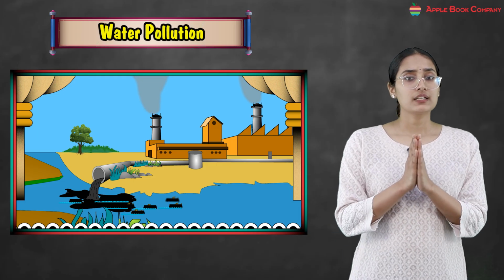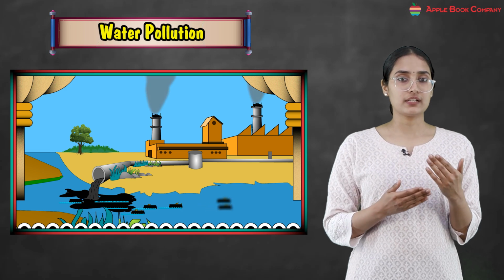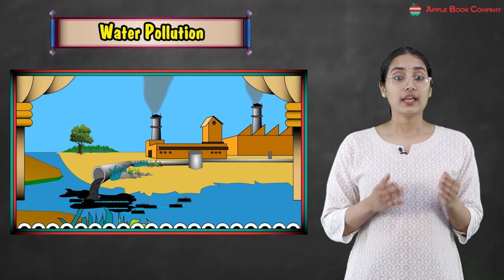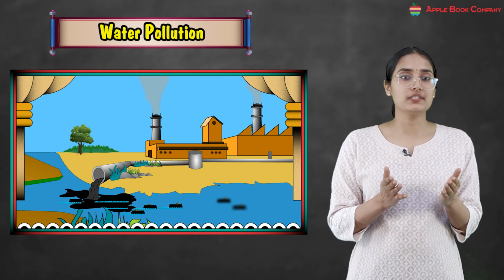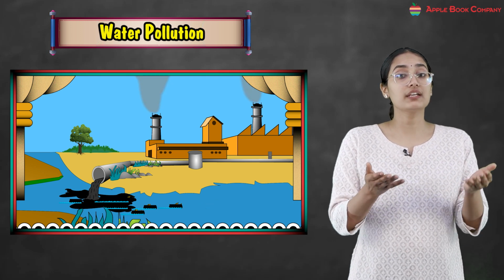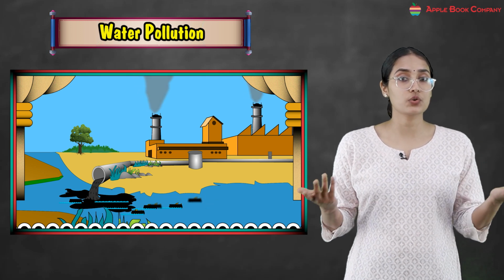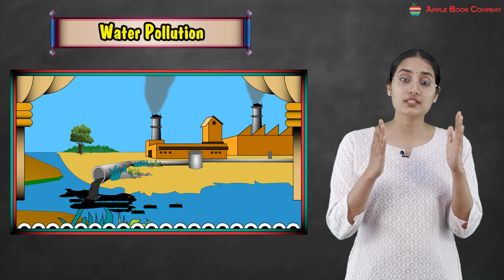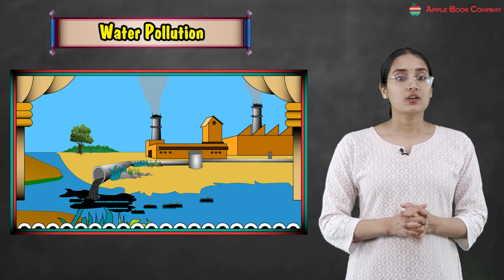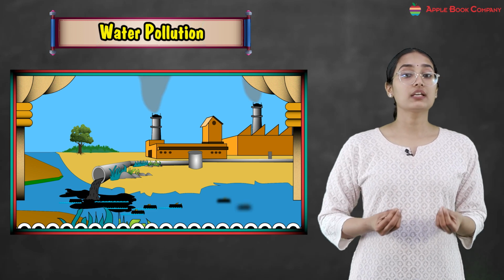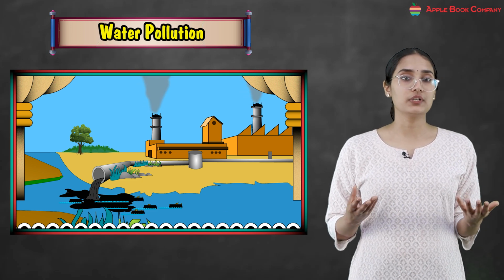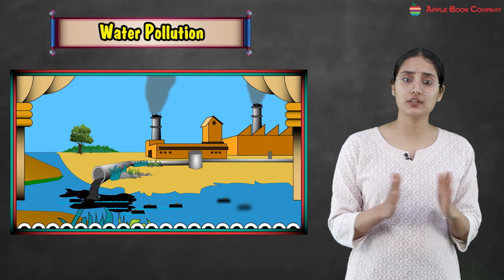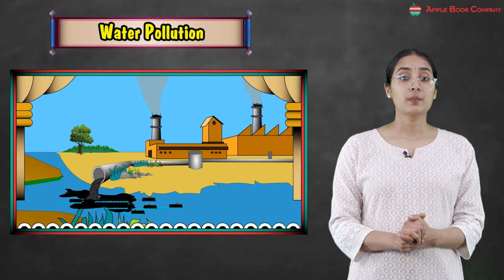So when harmful things, for example chemicals and waste, enter the water bodies from where we get water, like rivers, lakes, oceans, we say that the water has been polluted, right? The water becomes dirty and unsafe for drinking.